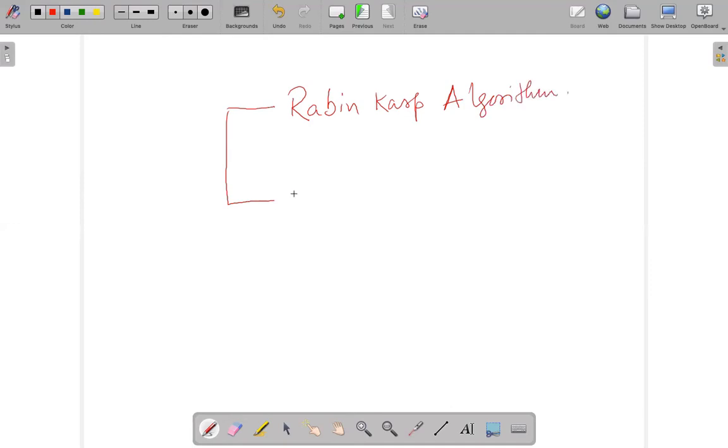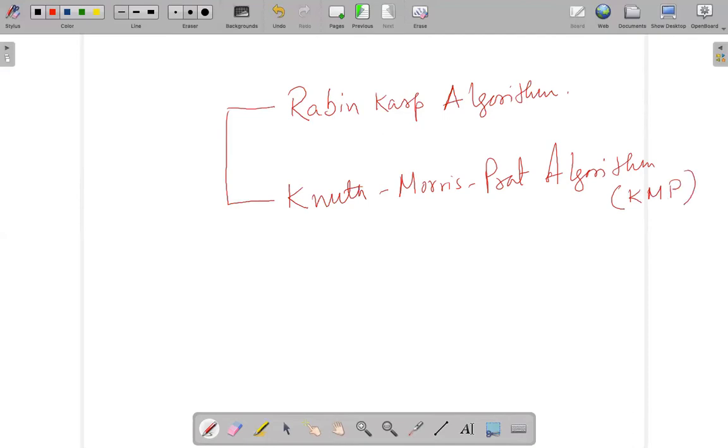And the second one that we will discuss next day is called the Knuth-Morris-Pratt algorithm, or more popularly known as the KMP algorithm.